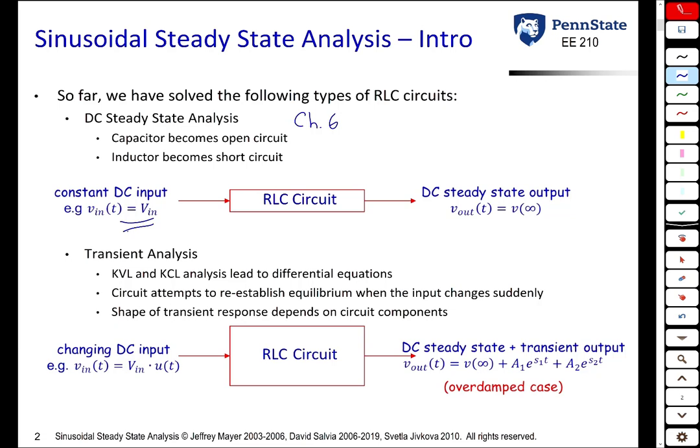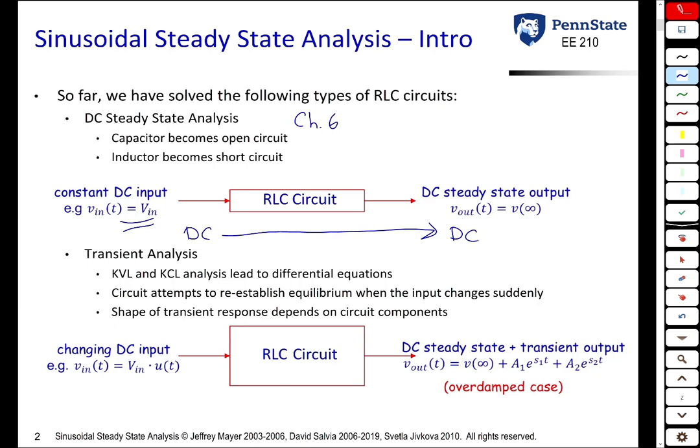Remember, these outputs can be voltages or currents, it doesn't matter, but the bottom line is the output follows the same form as the input. If the input is DC, the output is going to be DC. And the way we found that DC output is we replaced every capacitor by an open circuit and we replaced every inductor by a short circuit.